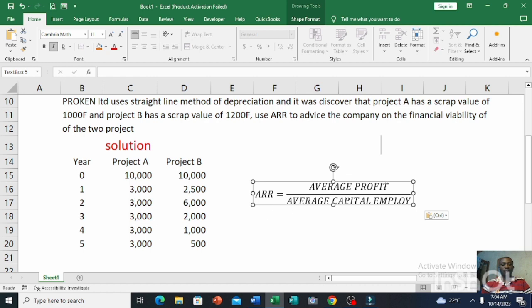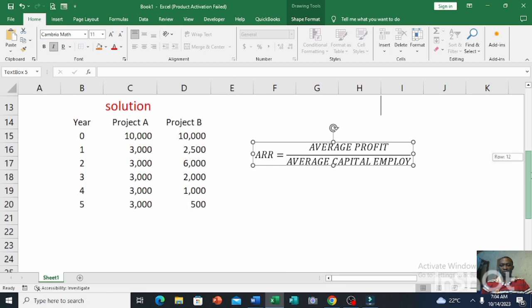The average capital employed, ACE, is gotten by taking the initial outlay plus the scrap value and dividing by 2. We are going to continue while dropping the formulas as well.